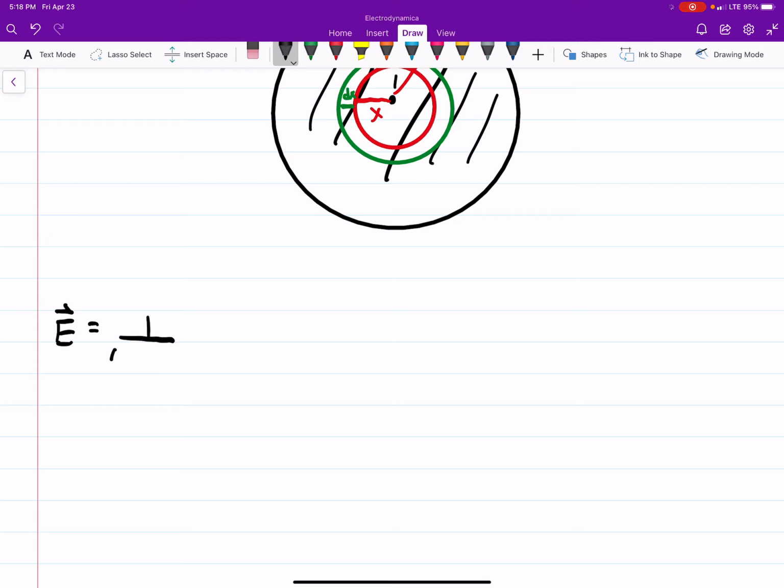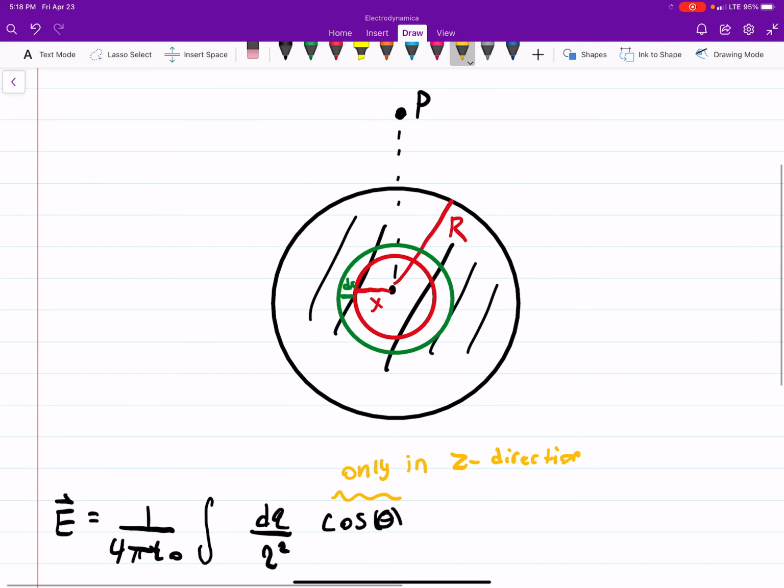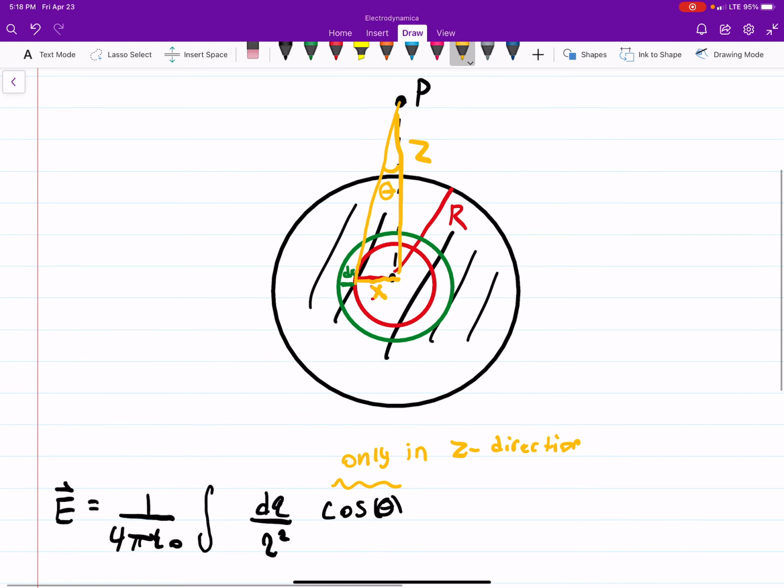So our E field is going to be 1 over 4 pi epsilon naught, the integral of dq over script r squared times cosine theta. This is because it's only in the z direction. Here is z, this is x, this is theta.